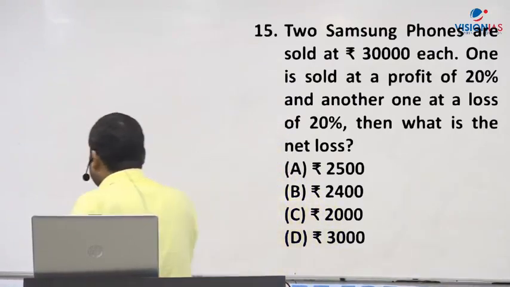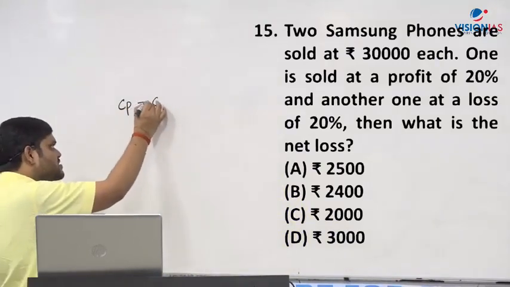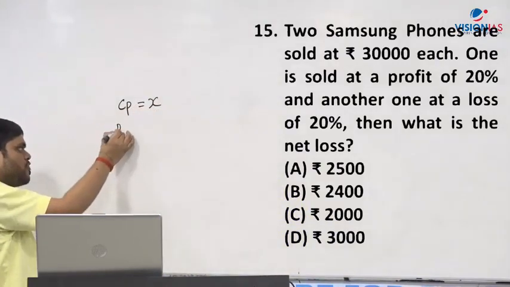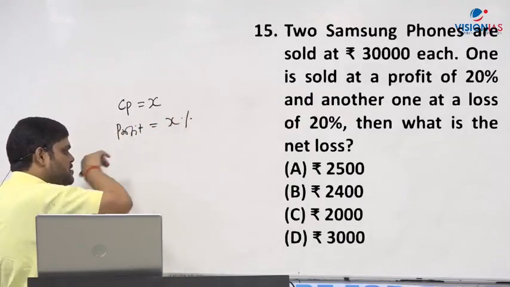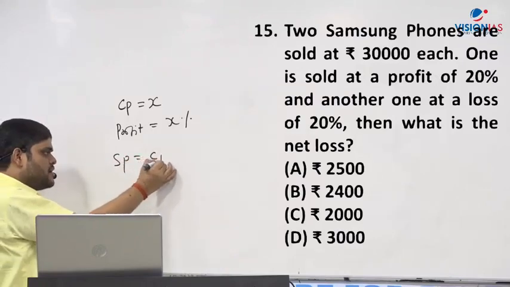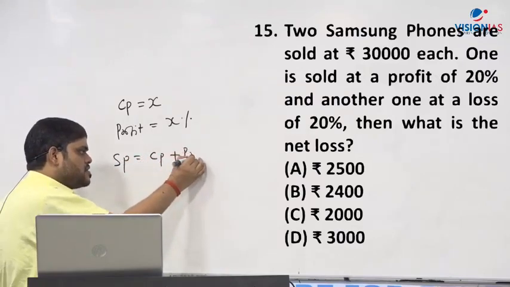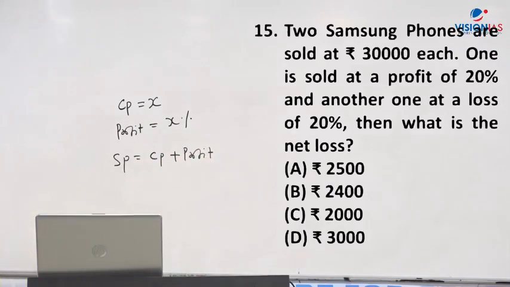Traditional method: suppose you take cost price as X, so profit percent will be X percent. So SP, we know, is CP plus profit.